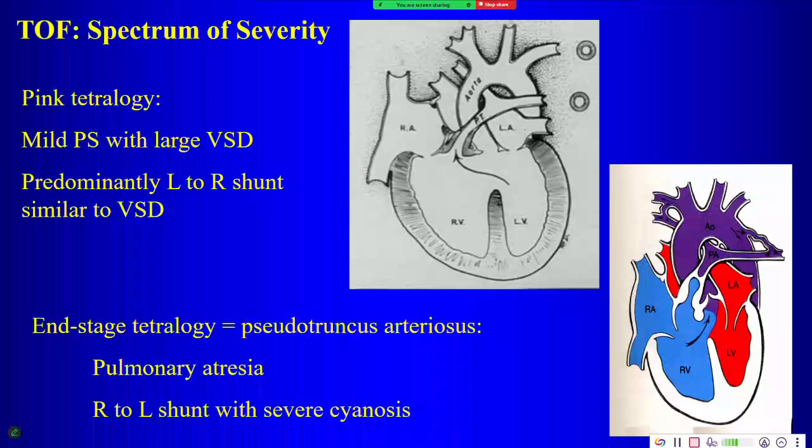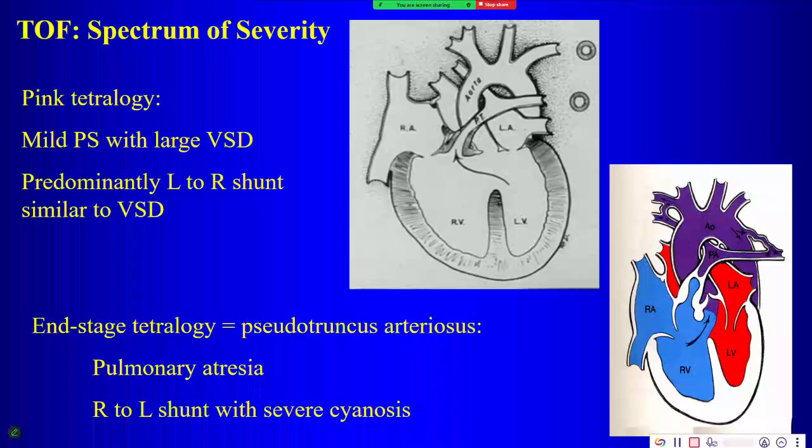We've talked about pink tetralogy already, where the infundibular stenosis is not severe enough, and then there you might have predominantly left to right shunting across the ventricular septum. And then at the other end of the spectrum, you have end-stage tetralogy, also called pseudotruncus arteriosus, where you have pulmonary atresia. So there is no outflow from the right ventricle here.